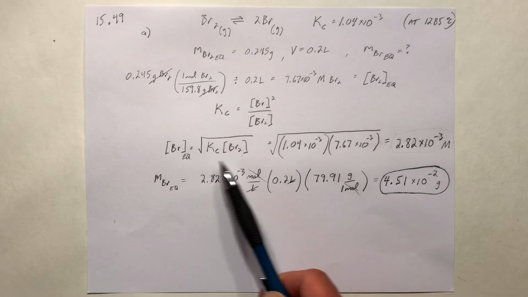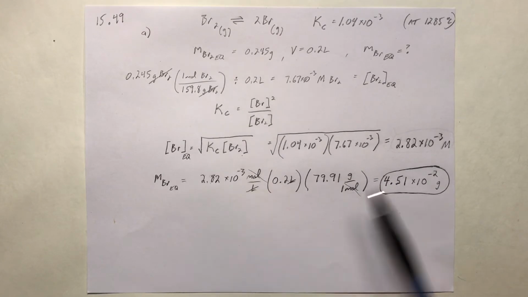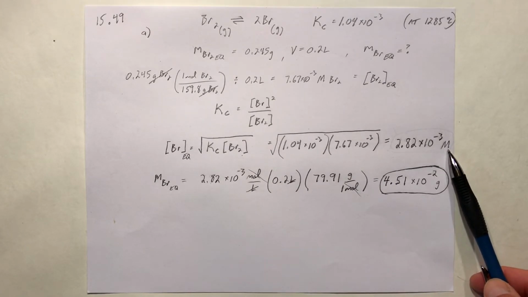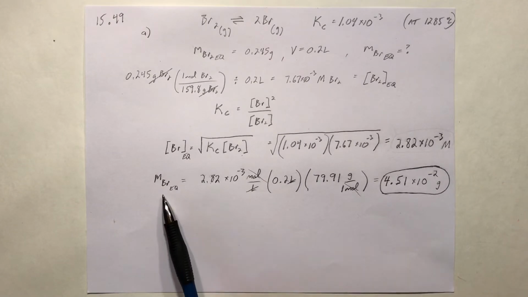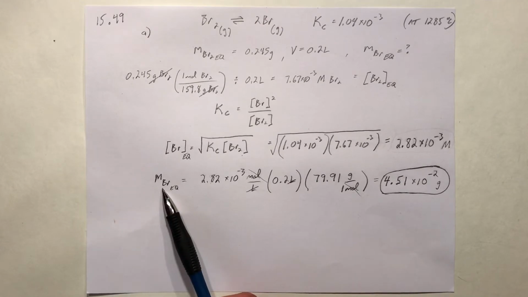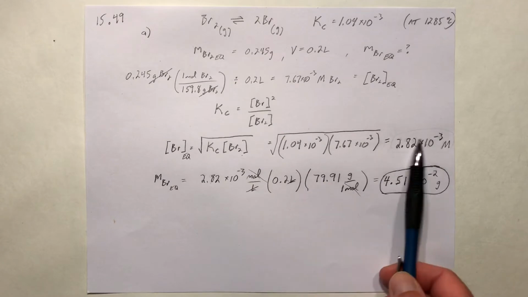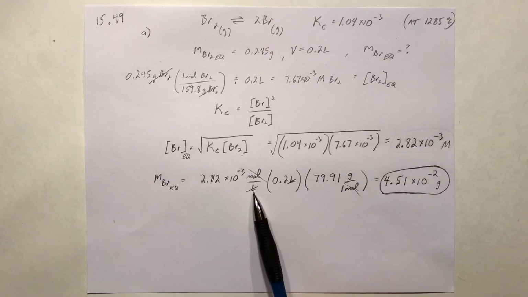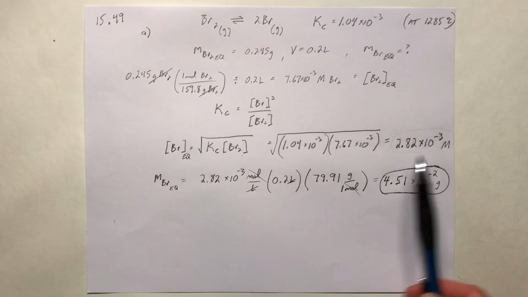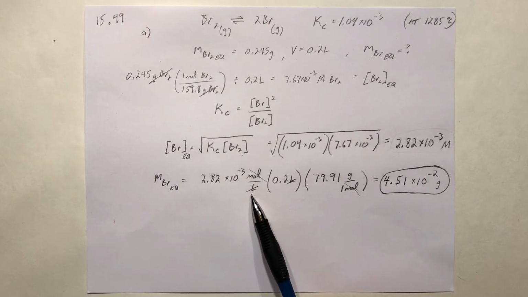Now remember that Kc is a unitless constant, so we have to make sure we put that unit of molarity in there. Now we want to calculate the mass of Br. So to calculate the mass of Br, what we're going to do is take that molarity that we just calculated here, and let's label it moles per liter now. Here I have it labeled with capital M, but that's moles per liter.